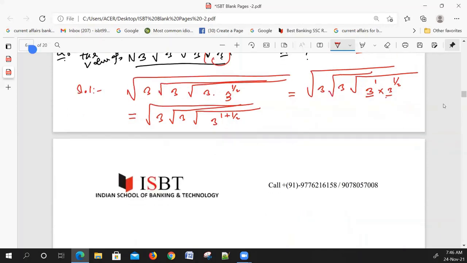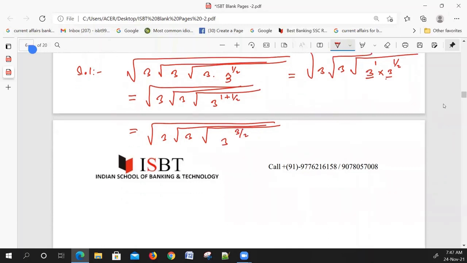ओके, इसको नेक्स्ट स्टेप पे हम क्या लिख सकते हैं, √3, √3 इसको लिख सकते हैं 3 to the power 3/2. Yes or no? Look at it very carefully.